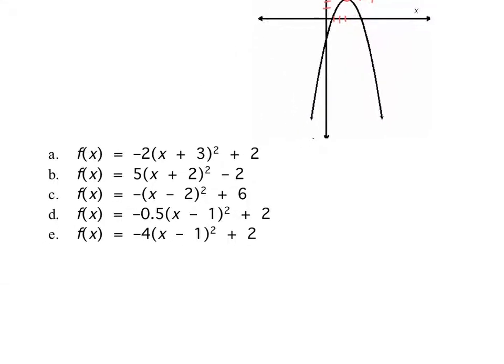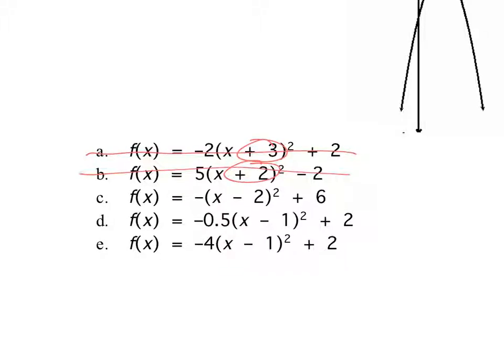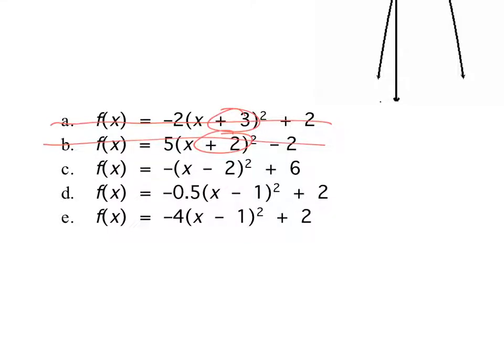So when I look at these choices, these two look like they're positive x values, but they're not. Remember, the vertex x coordinate in this vertex form will have the opposite sign in front of it. So if I have a positive x value for my coordinate, I should have a minus sign in the front. So that rules out C, D, and E. Then we have 3 choices.